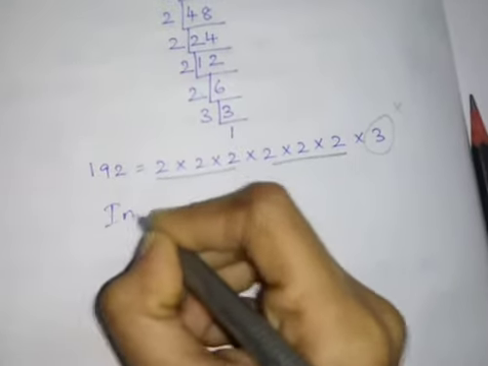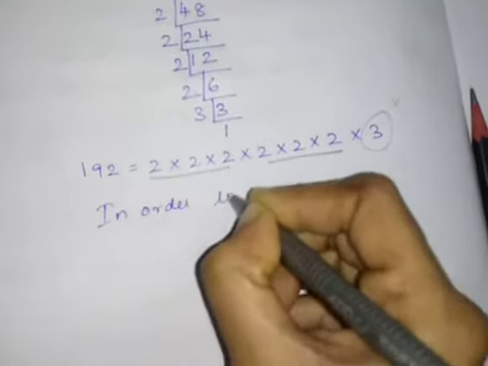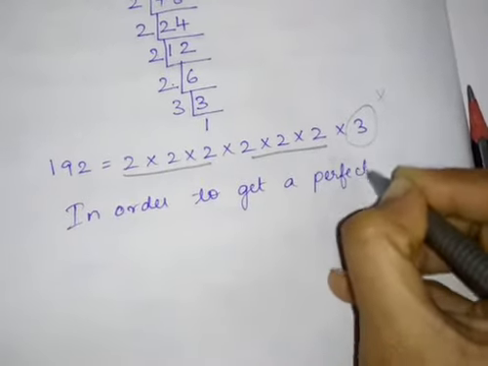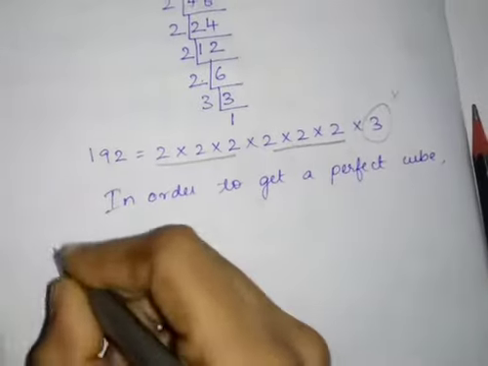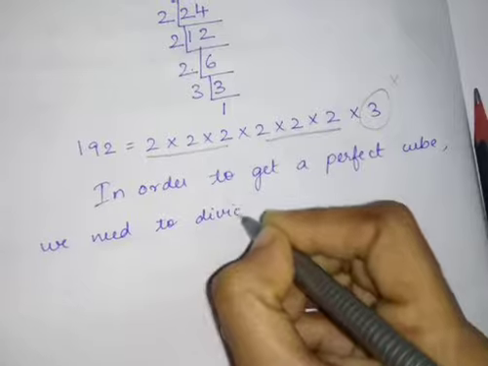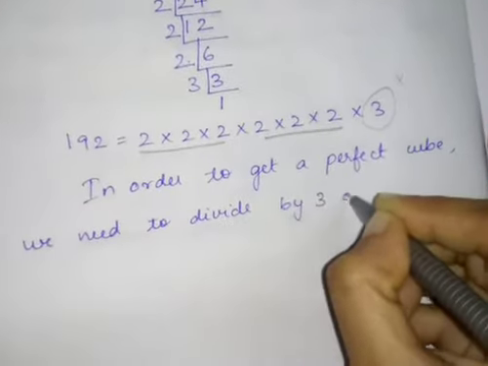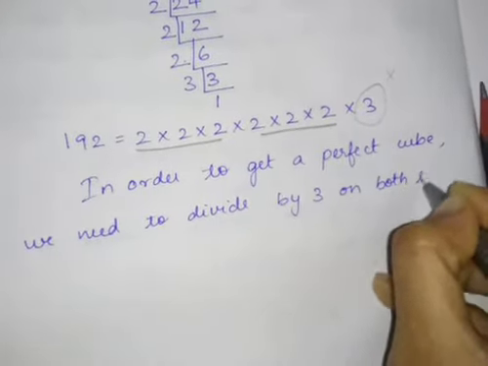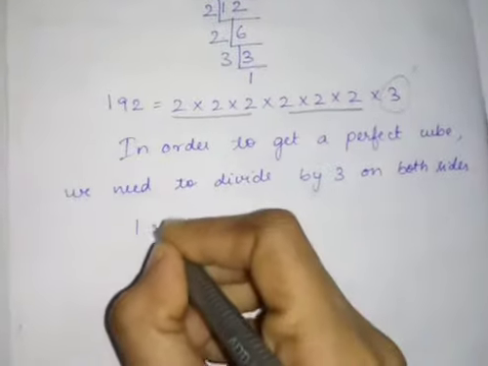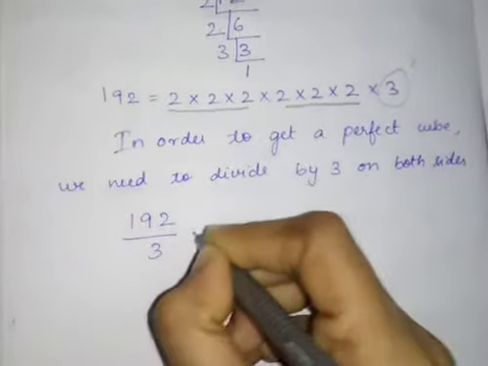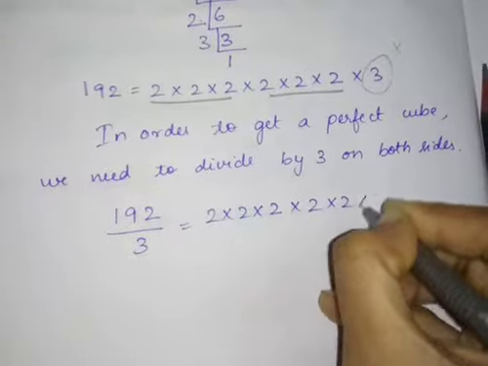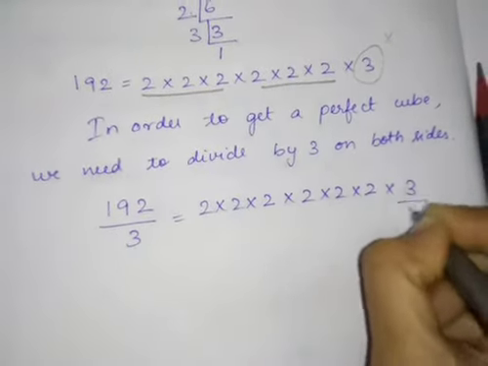In order to get a perfect cube, we need to divide by 3 on both sides. Yes, we have to divide by 3 on both the sides. Only then will we get a perfect cube. So 192 divided by 3 is equal to 2 into 2 into 2 into 2 into 2 into 2 into 3 divided by 3.